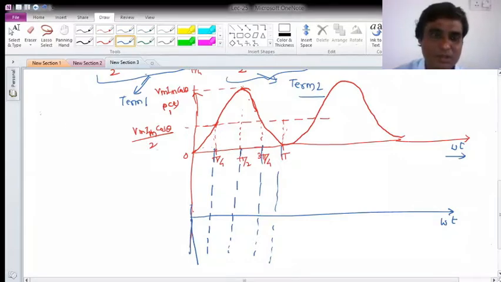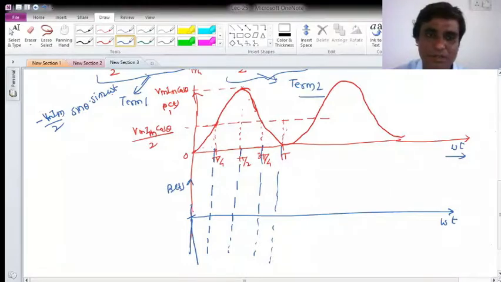What was my second term? Minus Vm Im by 2 sin theta into sine of 2 omega t. When omega t is pi or 0, ultimately it is 0. This is also power, the second term p2 of t, so this is also 0. Now omega t is pi by 4, so the argument is pi by 2 and this will be maximum, which is minus Vm Im sin theta.